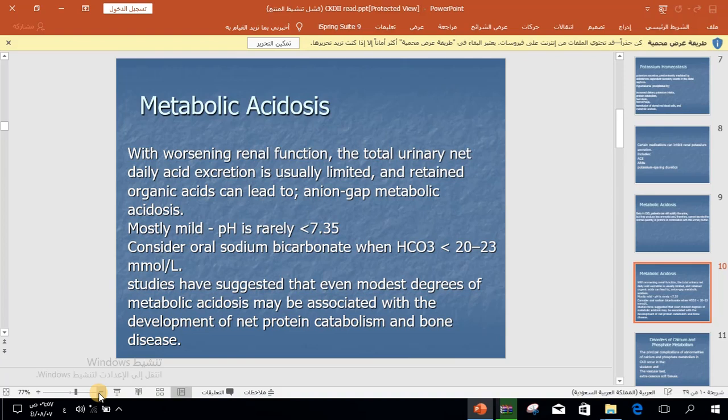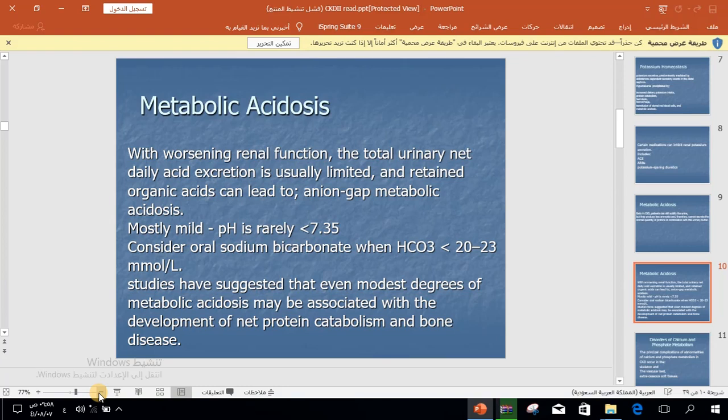Metabolic acidosis worsens as kidney function worsens. So we can see it at stage 3, 4, and 5, but mainly at stage 4 and 5. In mild cases, the pH rarely goes below 7.35, but in severe conditions, stage 4 and 5, it can be very low. This is treated by sodium bicarbonate therapy, which we need to maintain bicarbonate at more than 20.